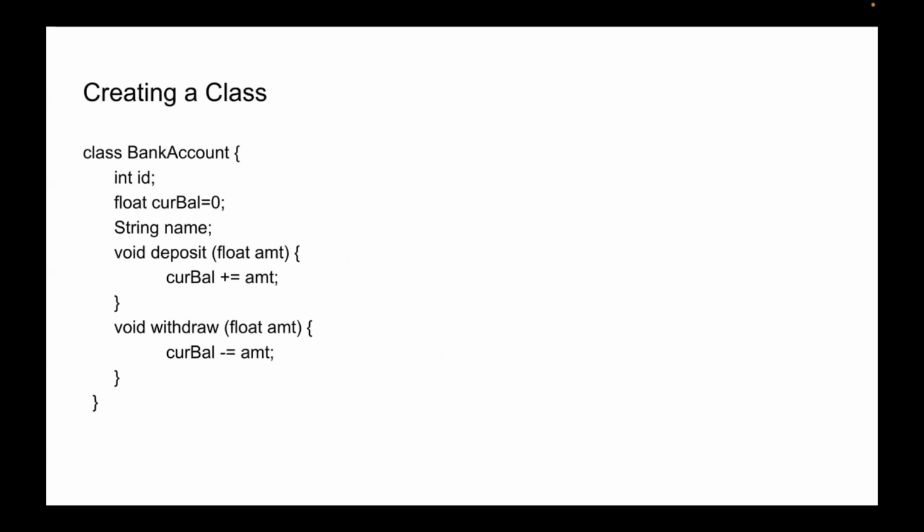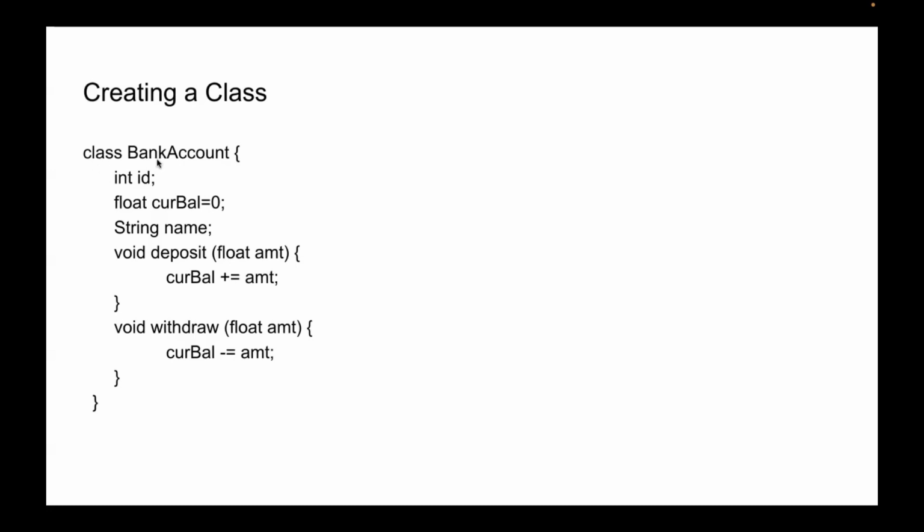We'll see how, when we create a class, we represent instance variables and how we create a method. We have already seen creating a class when we created that main method. When we create a new Java class, we were able to create this class.